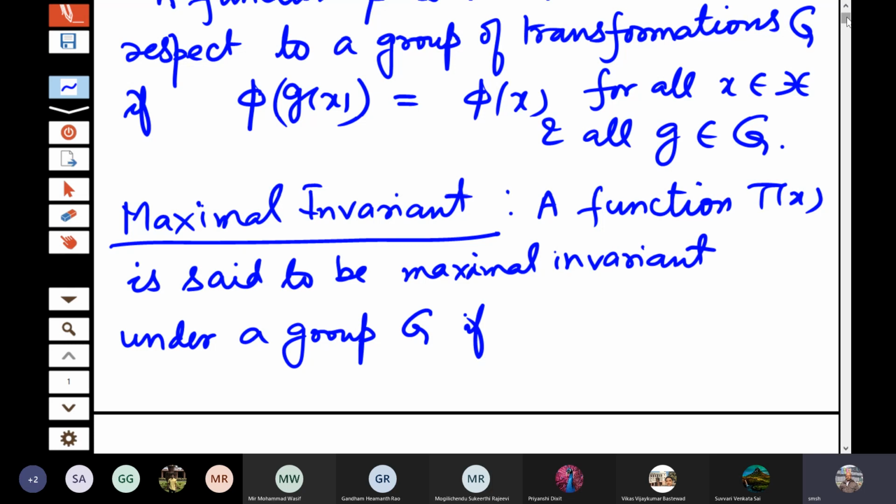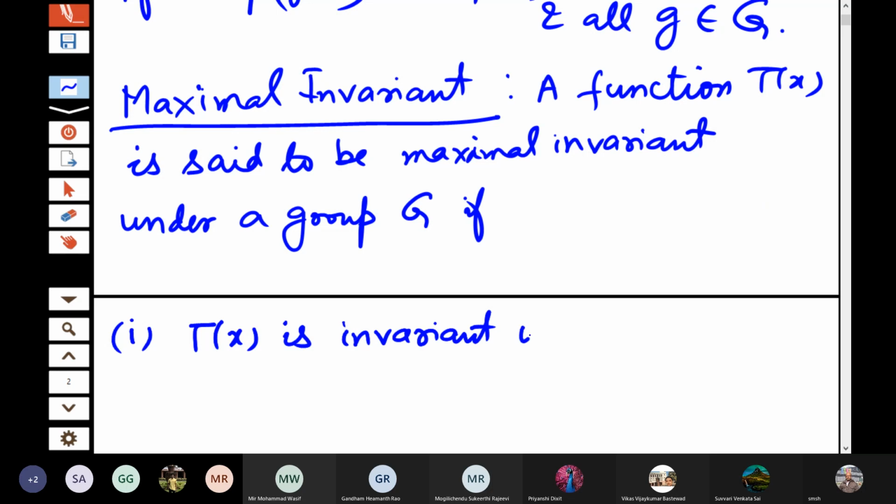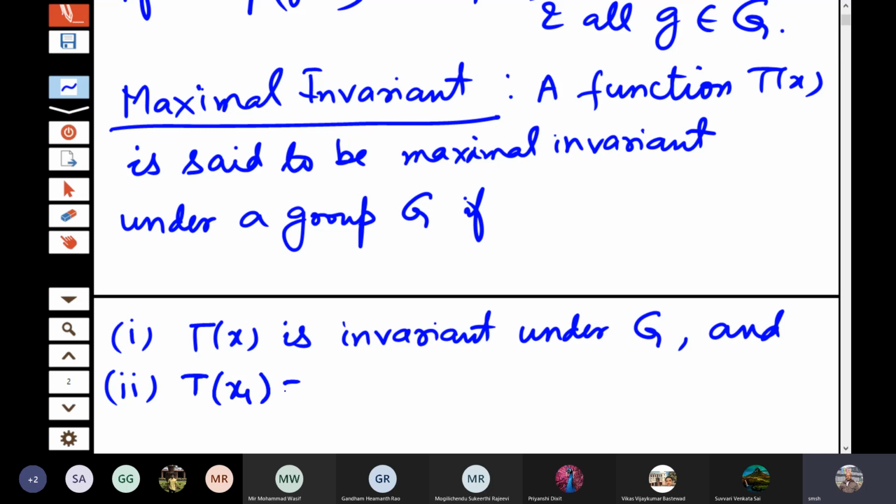The first condition is that it should be invariant, and the second condition is that if two points take the same value under the function T, then they must be transformations of each other.